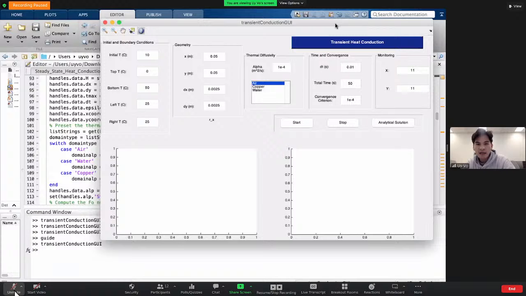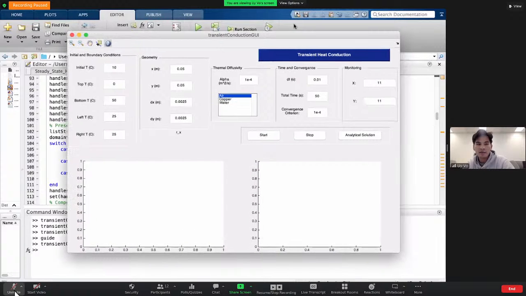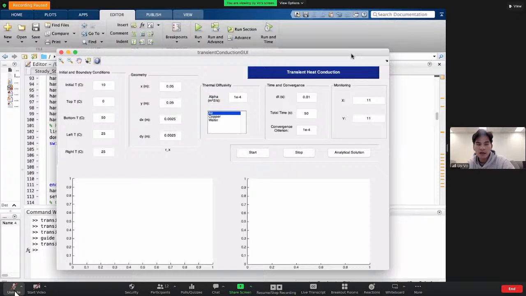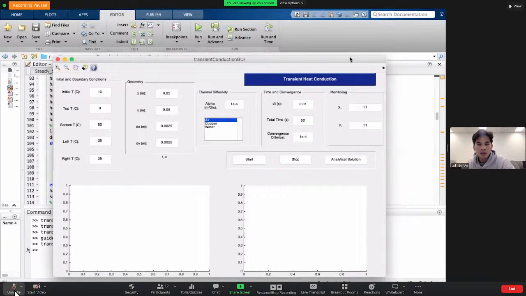So the MATLAB GUI is a very nice function in MATLAB that allows you to design an application to visualize and make it easy to operate your code.